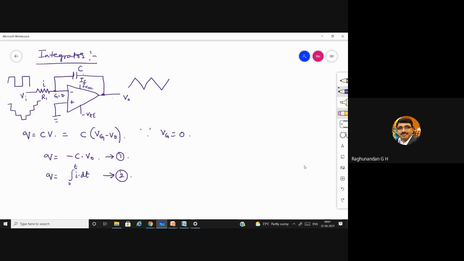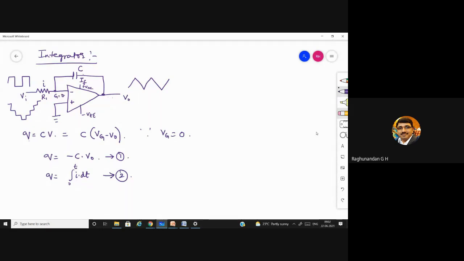How about now? Is it clear now? Yes, it's fine. Okay. So we have the equation Q is equal to integral from 0 to T of I into dt.